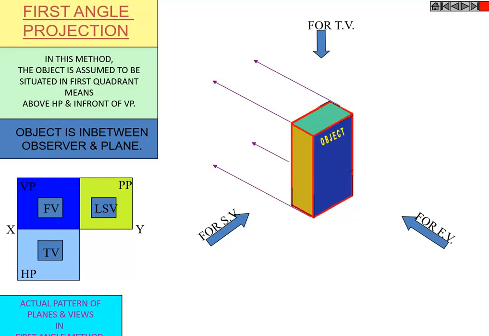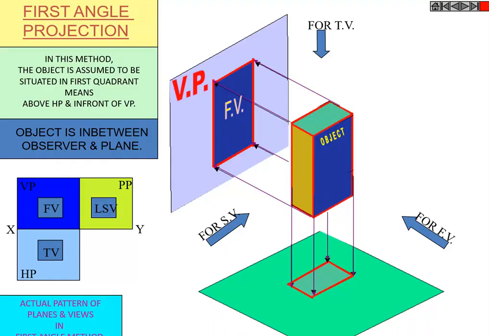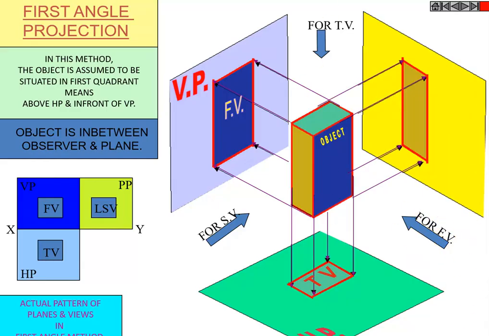So when you want the projection, the projection rays will be going and hitting the plane so that you'll be able to get the front view on the vertical plane. The same lines, if you extend to the other plane, the HP, will give the top view.